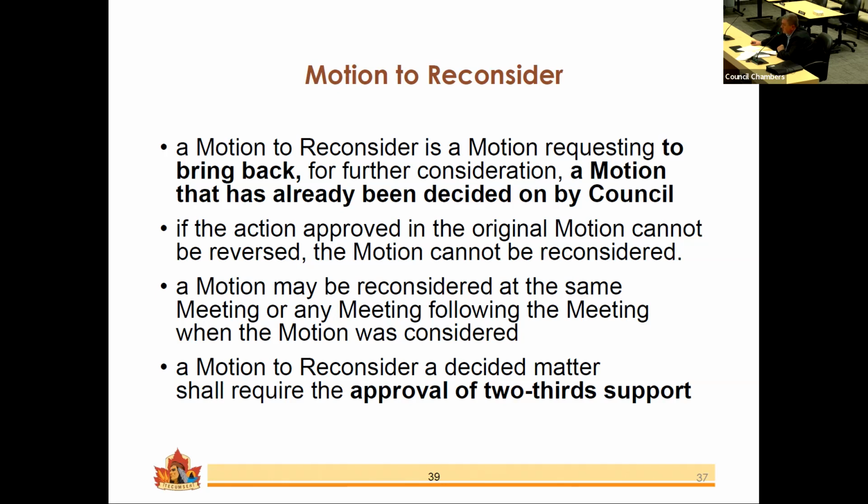For example, a motion to reconsider on a particular topic may only be brought once in a year. But the key caveat is that if the direction that council gave by voting on that resolution has now resulted in administration actively taking steps on that, then it may not be possible to reconsider that.